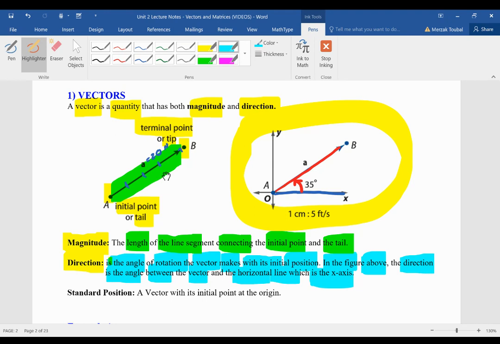All right, so we talked so far about the magnitude of the vector and the direction of the vector. Let's talk about standard position. Does this term standard position sound familiar? We went over this when we worked on trigonometry.